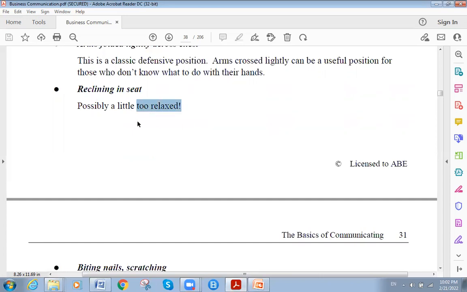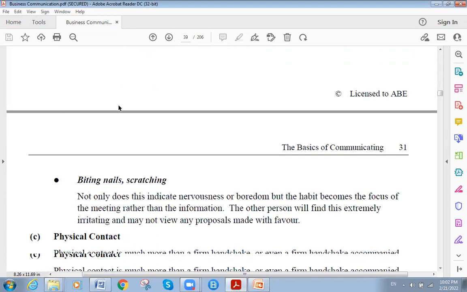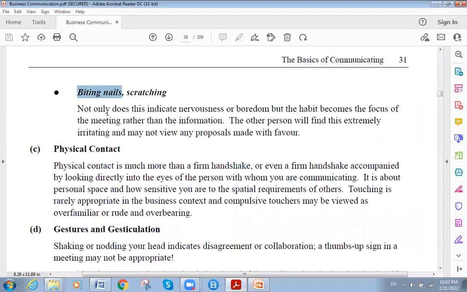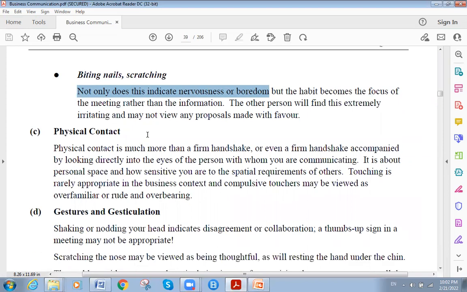When you go down in the seat like this, you are relaxing. Biting the nails or scratching not only indicates nervousness, but boredom also. When you are biting your nails, that means you are not interested in the way others are talking to you.